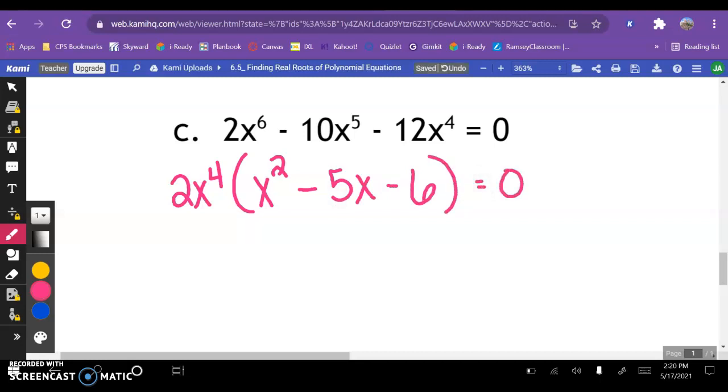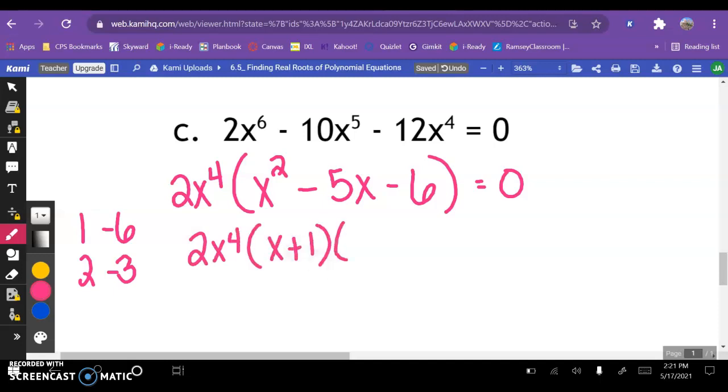So what can we multiply together to get -6 that would add together to be -5? So our options are 1 and 6 and 2 and 3. If I want to add together to have a negative left over, then I would make the larger number negative. So that would leave me with the 1 and the -6. So I have 2x to the 4th, x plus 1, and x minus 6.